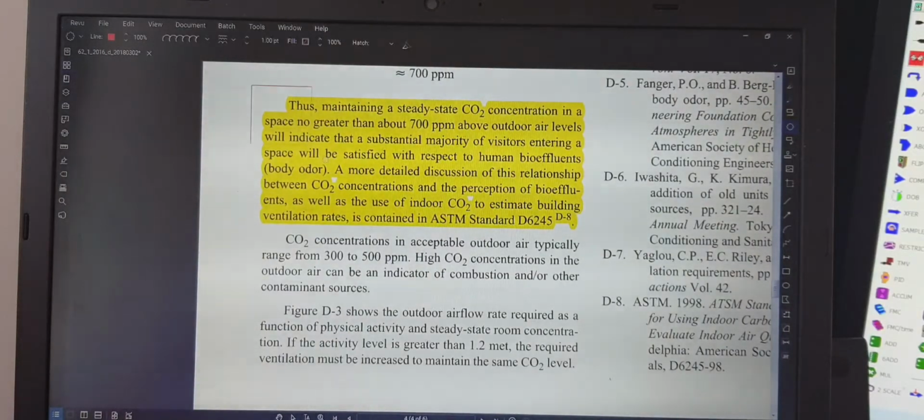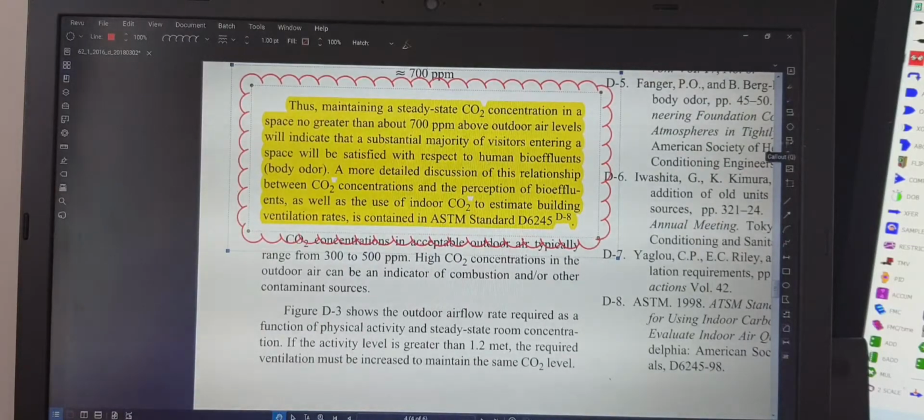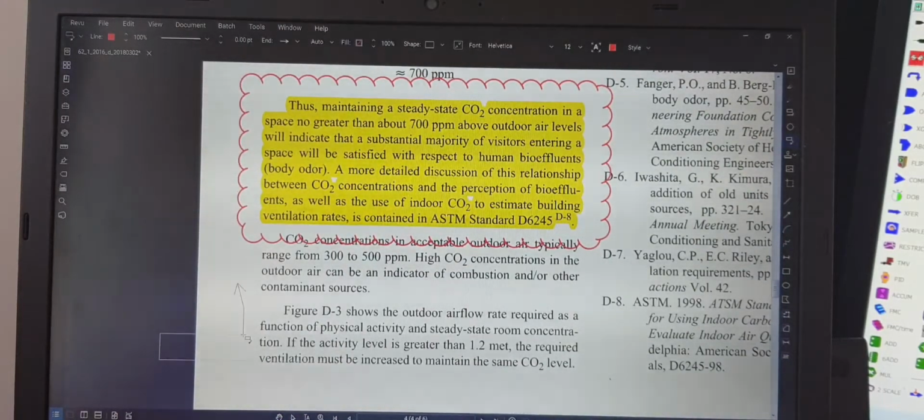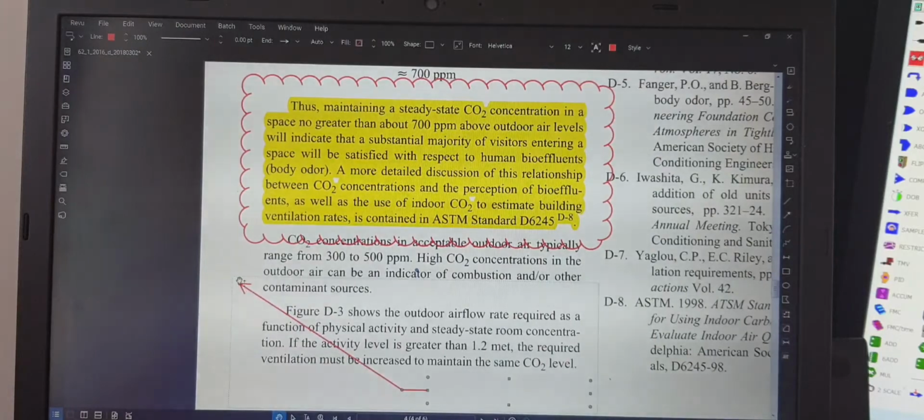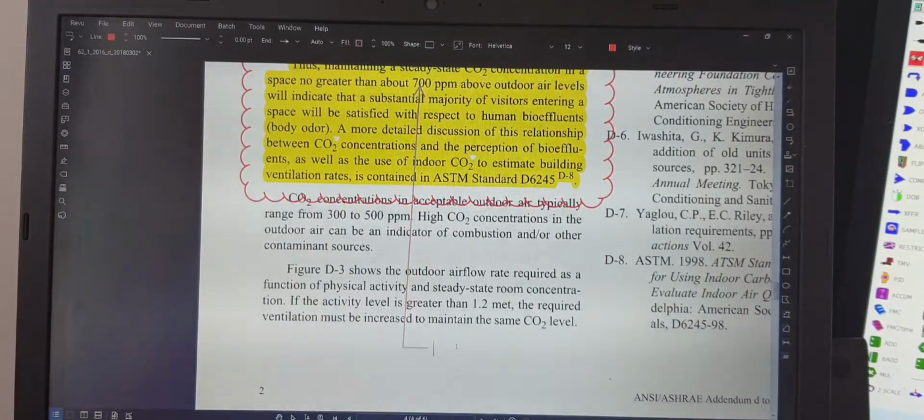So we are making sure we are taking the ASHRAE standard set point. So that's 700. That's our set point.